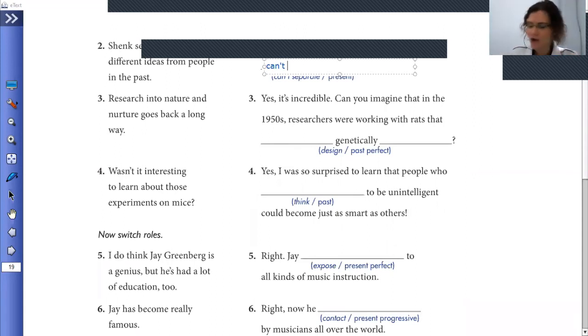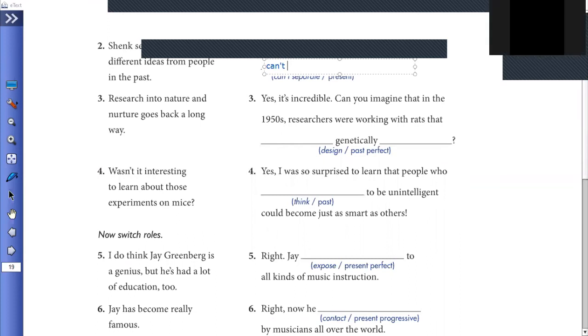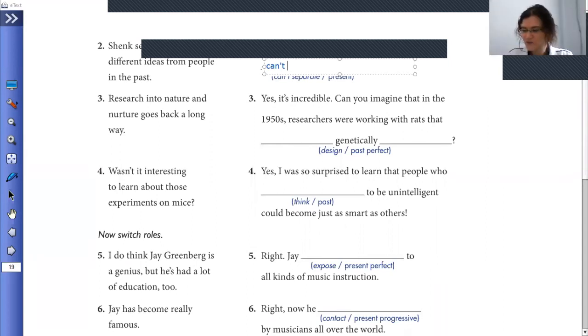You do not add another verb. The verb be that you add is be. It doesn't change. So the answer to this would be can't. Can't what? Be separated. Yes, very good. Can't be separated.